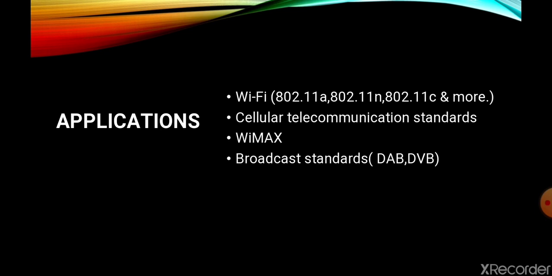These are only a few applications listed here. There are many more applications of OFDM which are beyond the scope of discussion here. You can browse for the applications of OFDM, and you would find plenty of areas where OFDM has been used successfully.